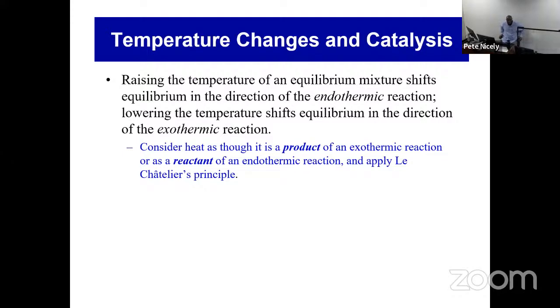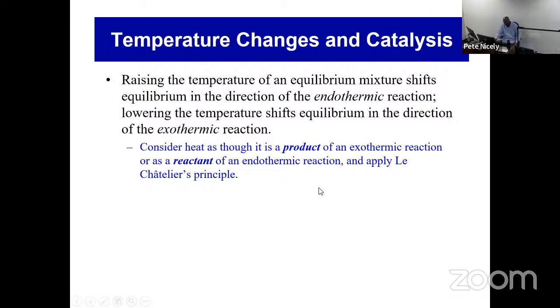If a reaction is endothermic, it absorbs heat from the surroundings, all right? So, according to this, raising the temperature of an equilibrium mixture will shift the equilibrium towards the direction of the endothermic reaction. And if you lower the temperature, it shifts the equilibrium towards the exothermic direction, all right?